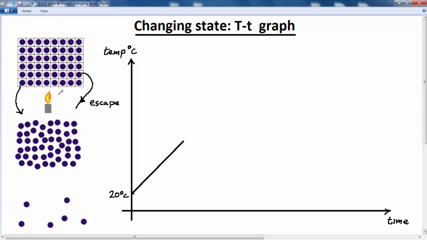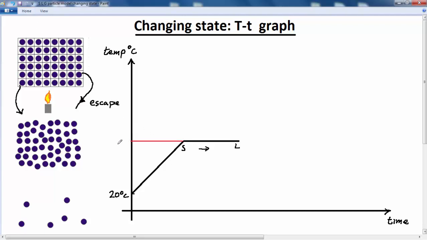As a consequence, the average kinetic energy of the particles actually remains constant during this change in state, this phase change. So when we look at the temperature time graph, it will look like this. It will be flat. During this change from the solid state into the liquid state, the temperature remains constant.